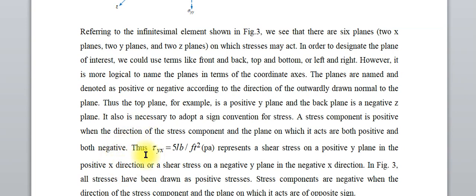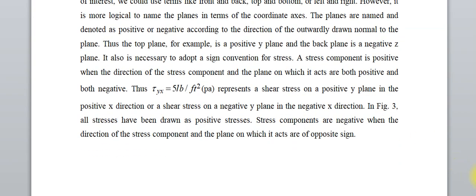For example, if we have a tangential stress in the y plane in the x direction of 5 lb per square feet, this represents a shear stress on a positive y plane in the positive x direction, or a shear stress on a negative y plane in the negative x direction. So negative multiplied by negative becomes positive.